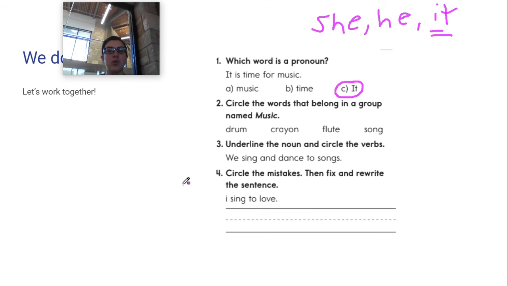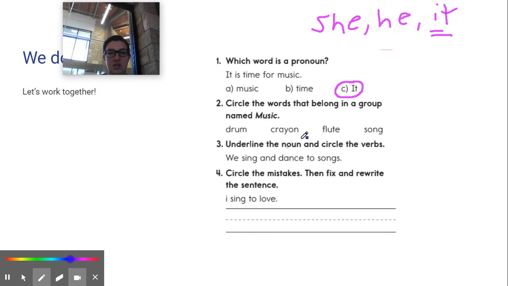So the correct answer is it, because we can see that right here. Okay, circle the words that belong in a group named music. So once again, I'm going to think of words that have to do with music, and I'm going to pick those words. There might be more than one. So in this case, we actually have three answers.